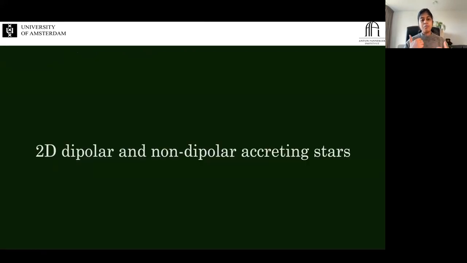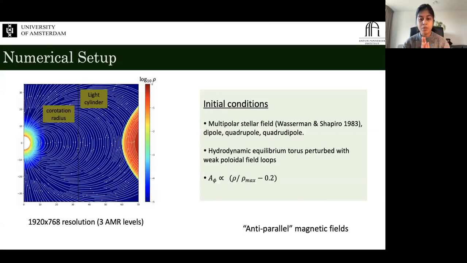So we started doing this mainly with 2D in spherical coordinates. We basically use the black hole accretion code, which is BHAC, and this is the numerical setup. The plot you see here is a log density plot, where red means a highly dense region and blue means a low density region.